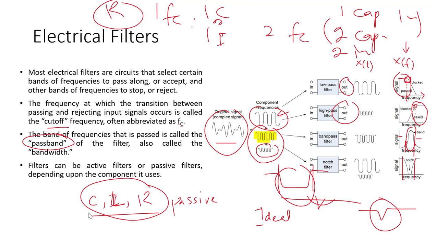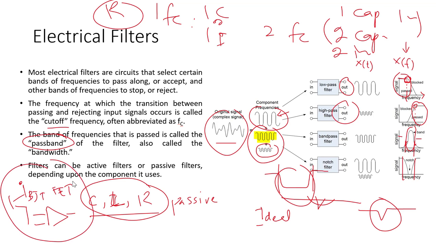Active filters might have some amplifier or some circuitry for gain, let's say BJT or FET. So when active components are in the circuit, we call it an active filter, and when passive components are in the circuit, we call it a passive filter.